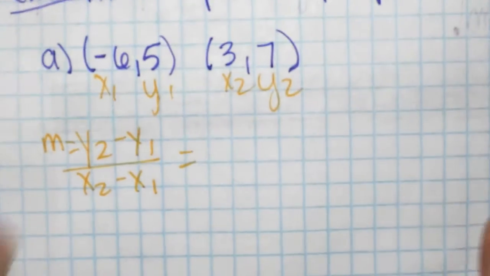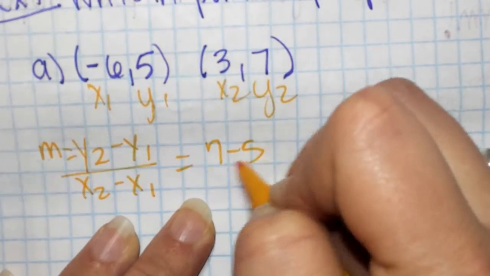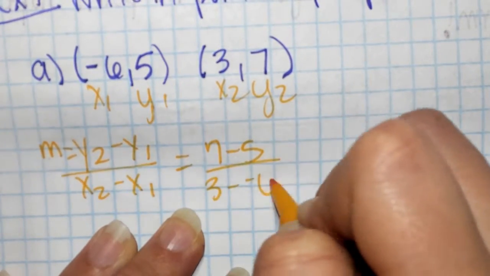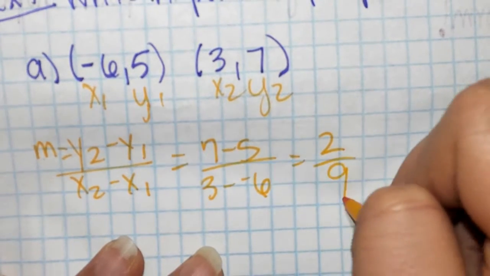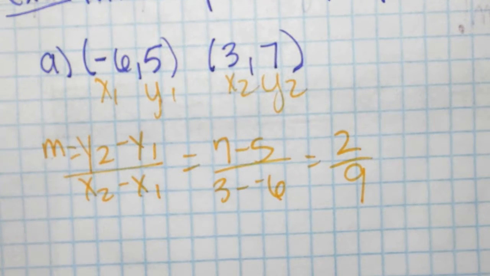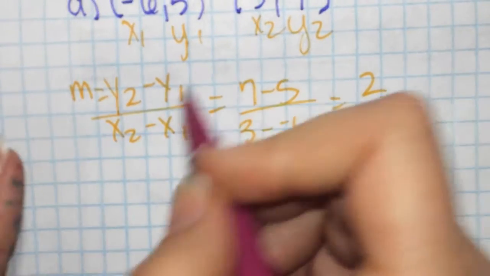Did everybody find their slope first? Okay, you did 7 minus 5 divided by 3 minus -6. And you got 2/9. Woo! What's step 2? Point slope form. And what is point slope form?